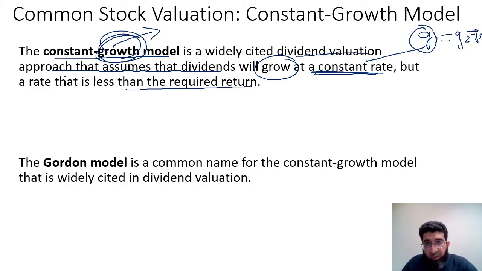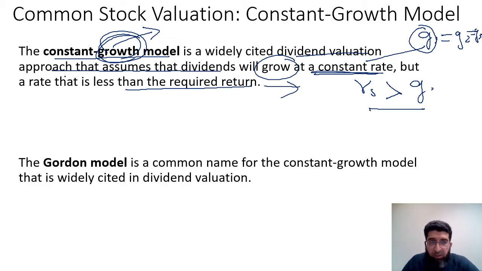So we also have to deal with another constraint, that the required return has to be greater than the growth rate, or in other words, the growth rate has to be less than the required return on stocks. In one way, you can understand that the investor will always demand higher returns given the growth rate at which the firm is growing.